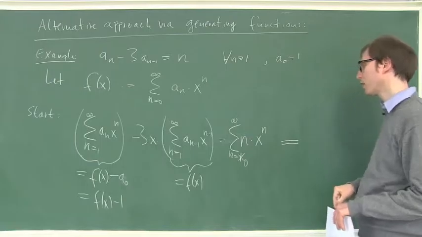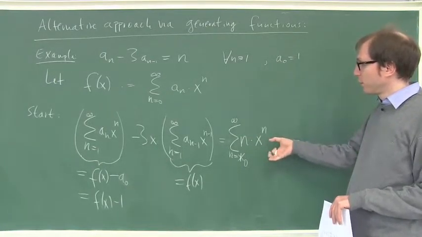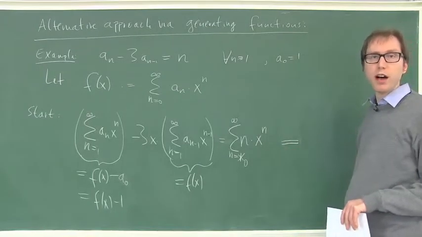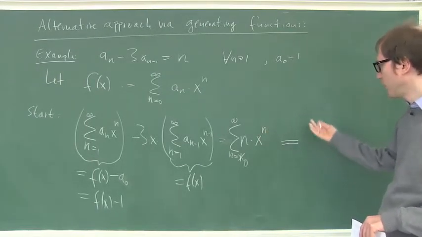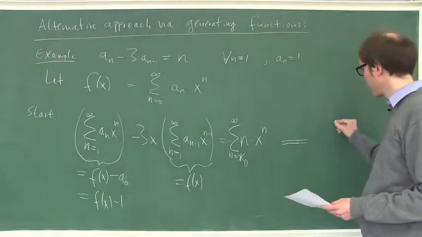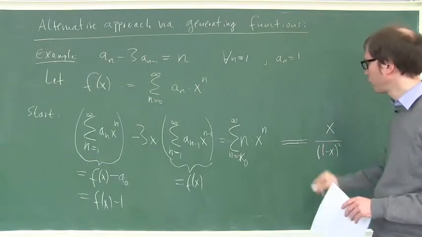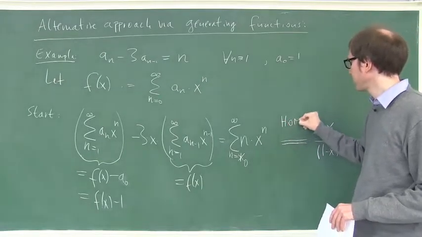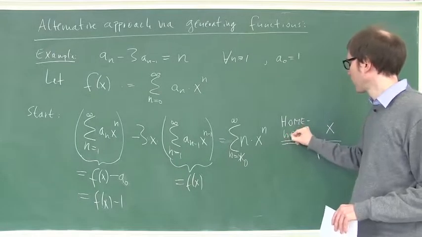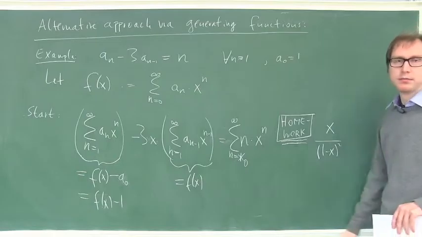And now it's really the generating function of the sequence 0, 1, 2, 3, 4, 5, and so forth. And so you should be able to write this as a quotient. In this case, this is x divided by 1 minus x squared. And definitely look this up. Good exercise to do this again.